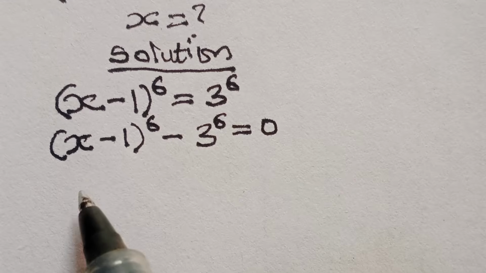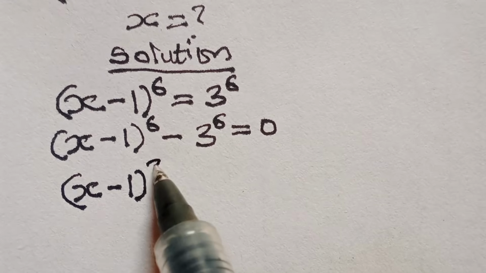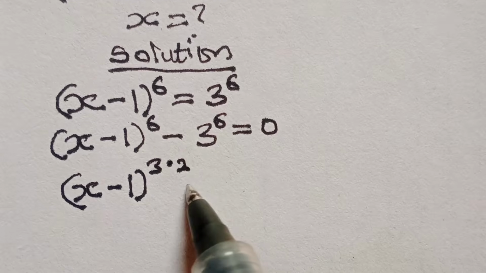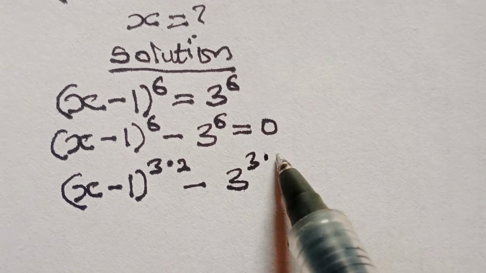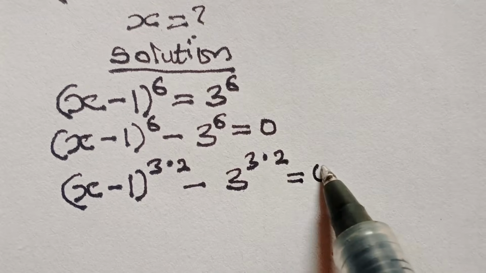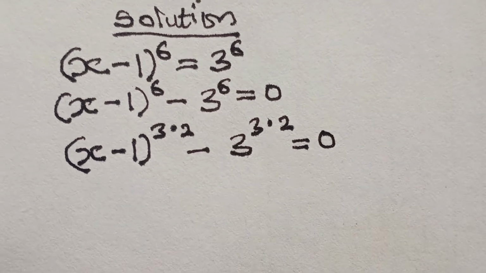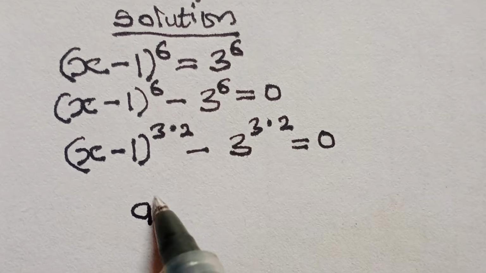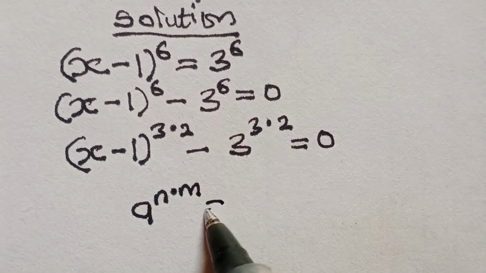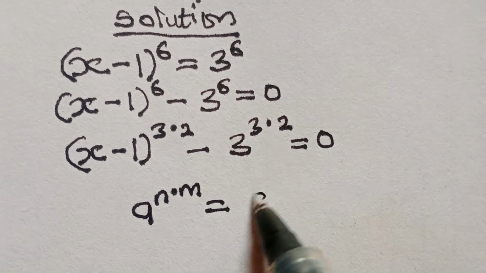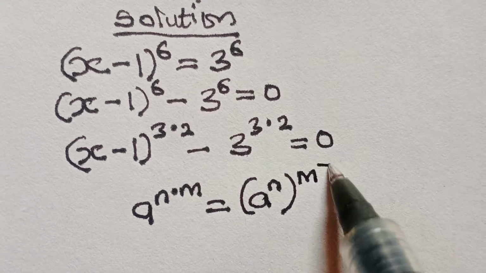According to law of indices, we can simply have (x minus 1) raised to power 3 times 2 minus 3 raised to power 3 times 2 equal to 0. Once you understand it up to this stage, don't forget if you have a raised to power n multiplied by m, it is the same thing as (a raised to power n) everything raised to power m.